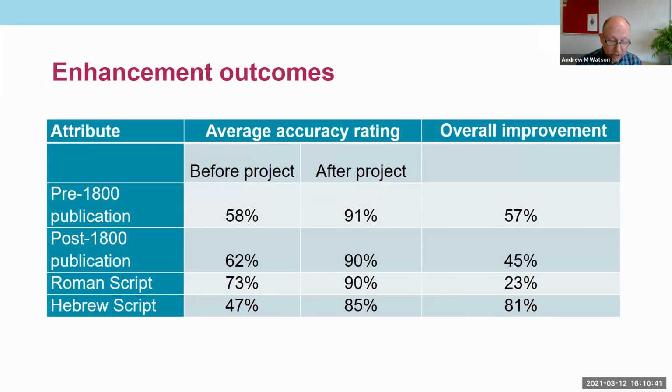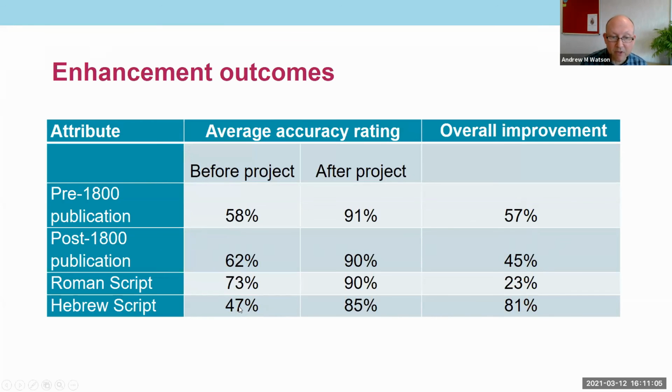So monitoring the quality enabled us to calculate overall improvement. And this table shows the accuracy rating before and after transcription enhancement. The last column here shows the overall improvement, taking the original accuracy figure into account. So it's quite clear to see that Hebrew script here benefited the most.